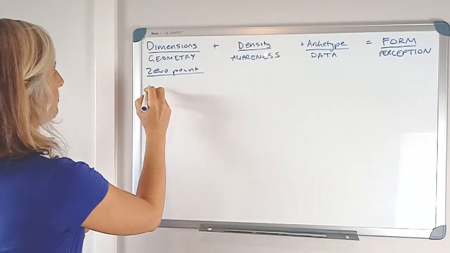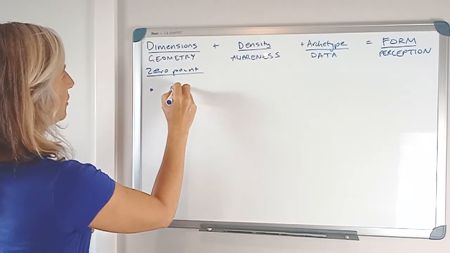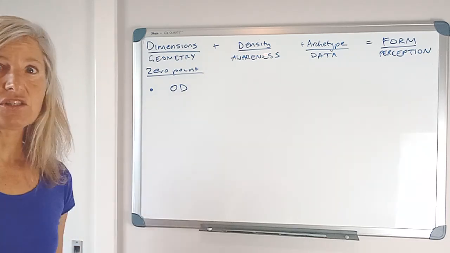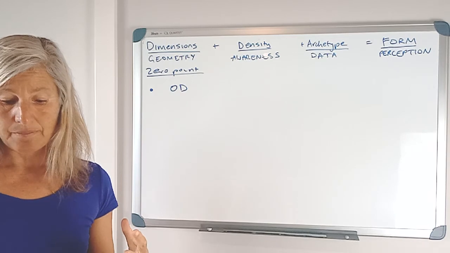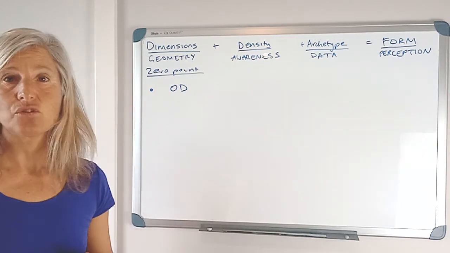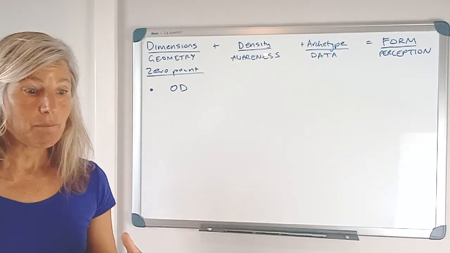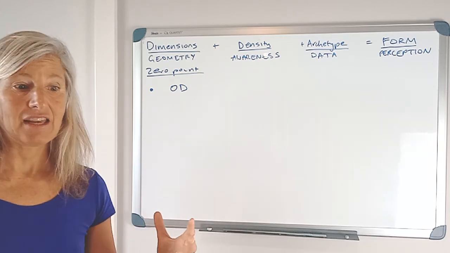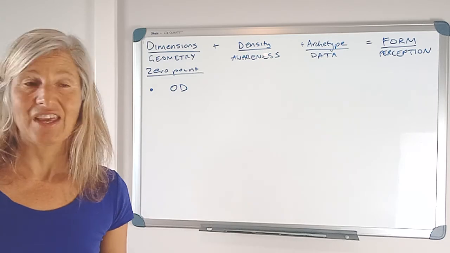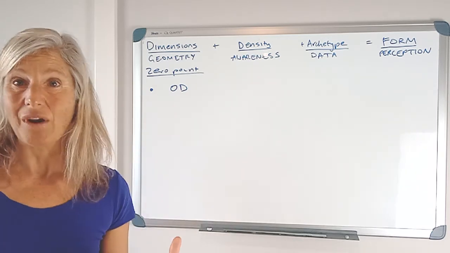So the first thing that happens is we have what I call no dimensions. We have a single point. That is like a single thing and it has nothing else to interact with. We might think of this as coming out of the nothing, the first idea that there is something. And so the something is this point.